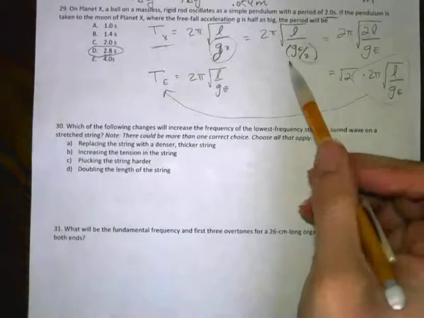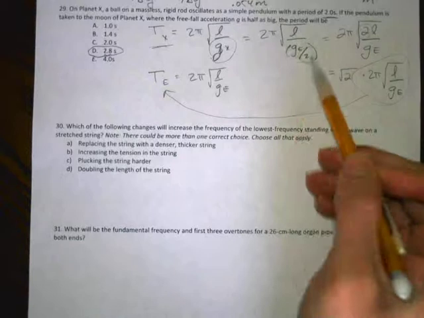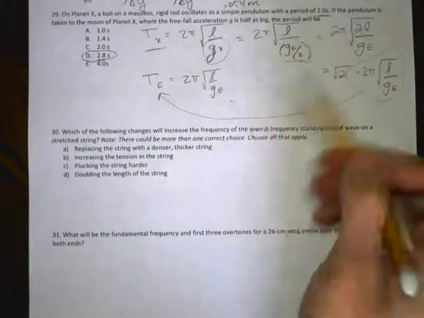If you don't like working in symbols here, you could make up an L and plug in 4.9 for that and figure out the period on Earth.